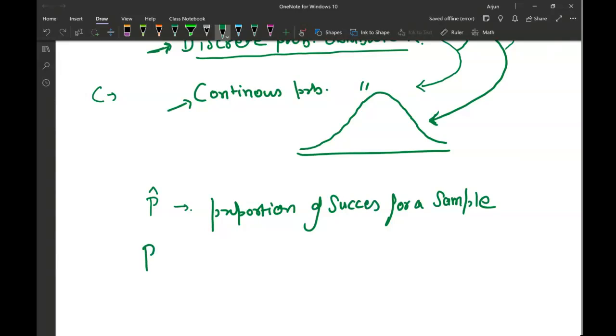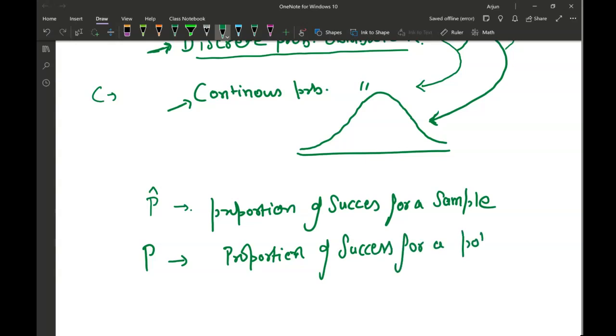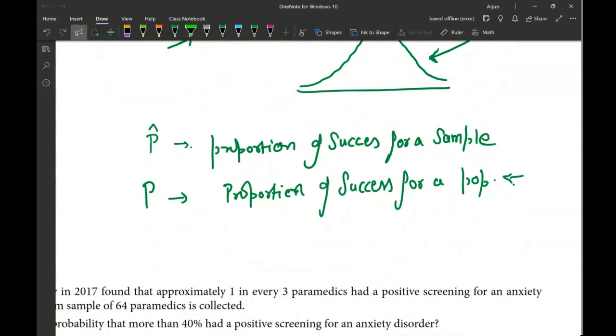And capital P is the proportion of success for a population. Same as with sample and population, for a sample it is represented by p hat, and for a population by capital P.